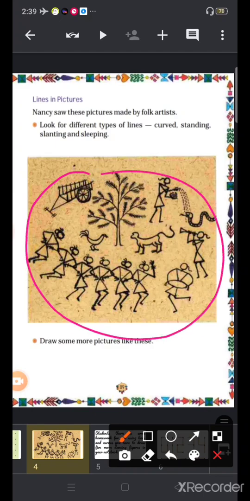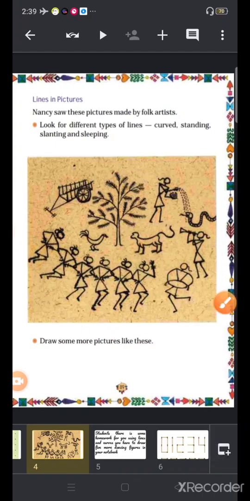Look for different types of lines: curved, standing, slanting and sleeping. These pictures are made with the help of different types of lines like sleeping line, standing line, isn't it?